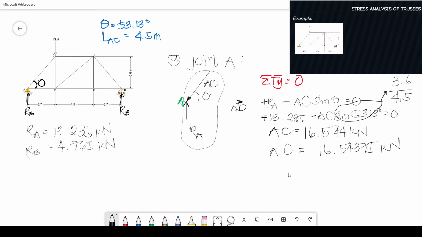Okay. So we now have the value on AC, we now have the value on RA. So what is the value of our AD? So using summation of f of x equals to 0. Okay ba? So summation of f of x equals to 0.